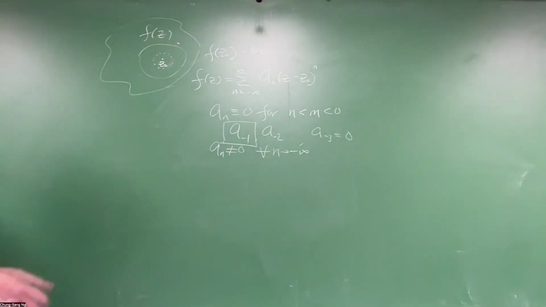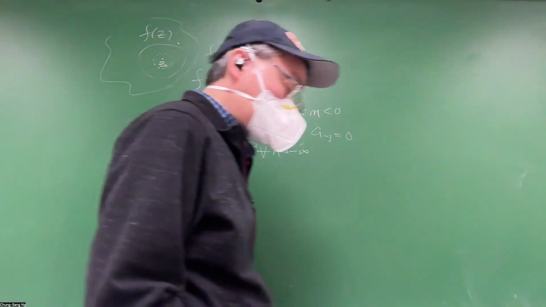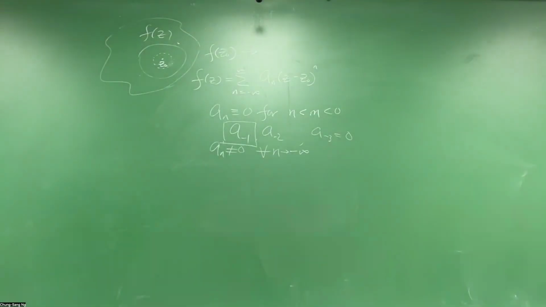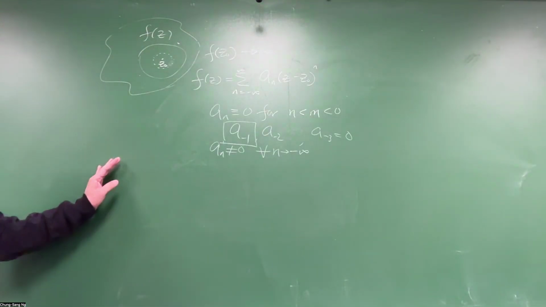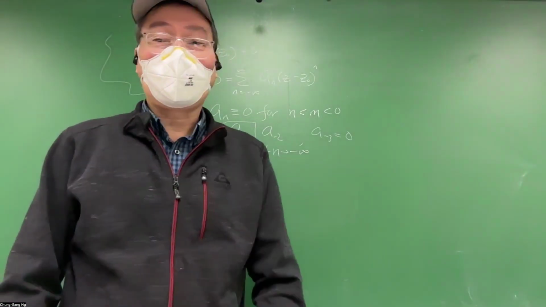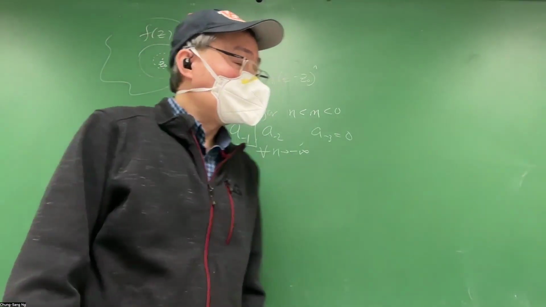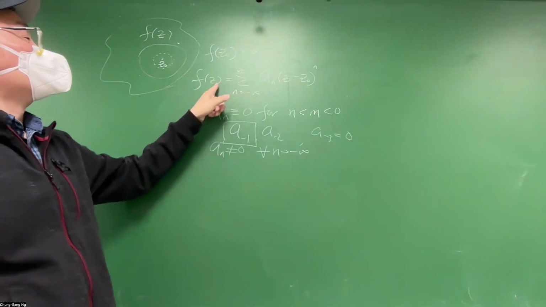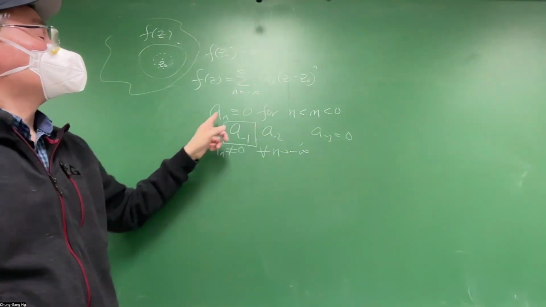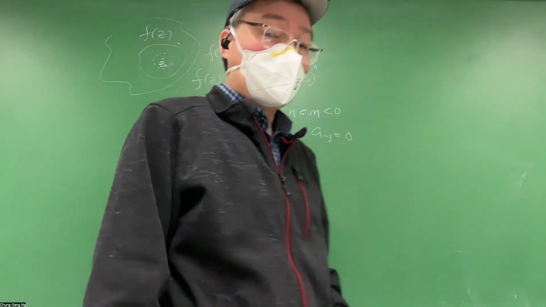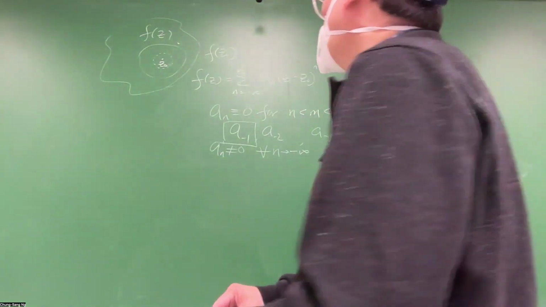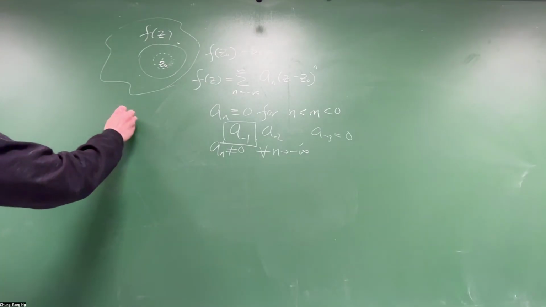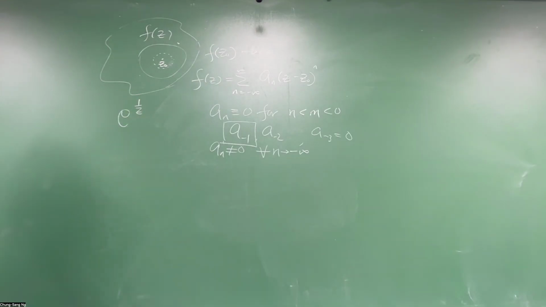So for an essential singularity you don't have a formula, and you just need to somehow find the coefficient. Well, you have a formula of the integration, but usually that integration may not be that easy to integrate out. So somehow you can find an expansion of the Laurent series around the essential singularity. One example for essential singularity is e to the 1 over c.